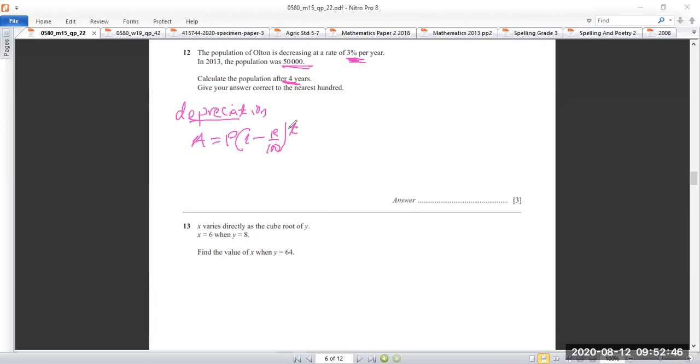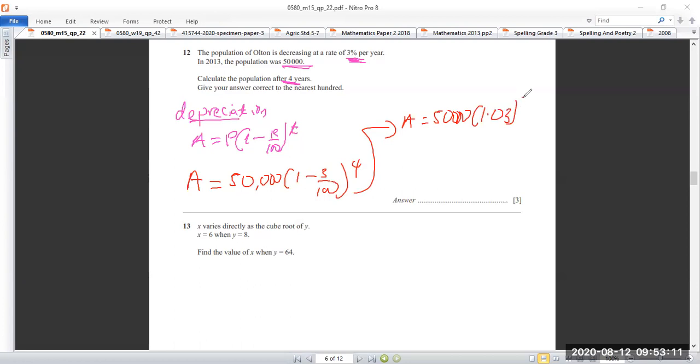Therefore, our amount here will be given by 60,000 times 1 minus 3 over 100, all to the power 4.